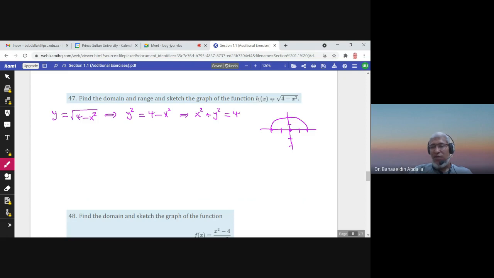So the graph of this function, h of x, is this figure, the upper half of the circle. So from here, I can determine the domain of h. It's from negative 2 to 2, while the range of h is from 0 to 2.